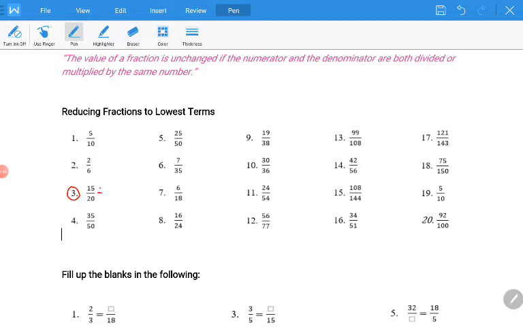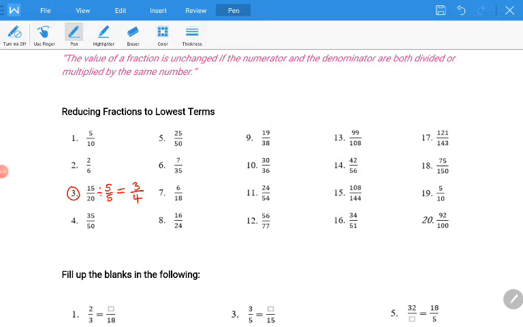So I can divide by 5 over 5, and here I'll get 5 into 15, that's 3, over 5 into 20, that's 4. So 15 over 20 reduces to 3 over 4.